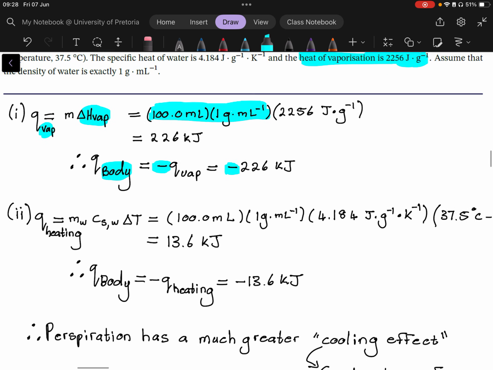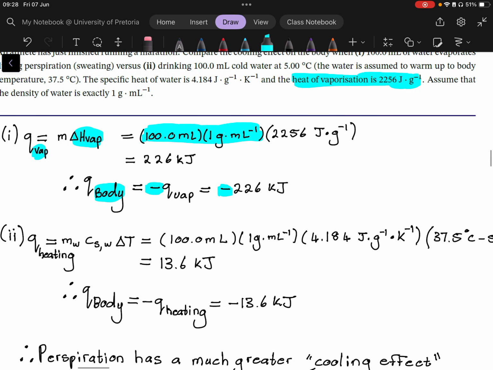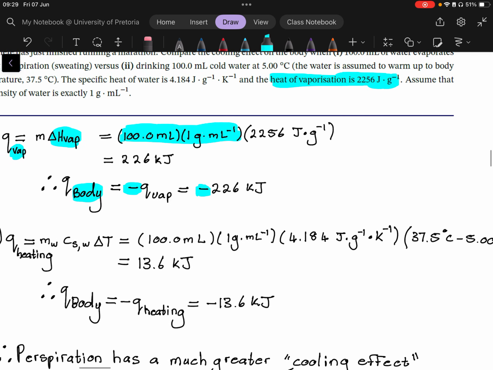The second one is heating. In the second case, we heat 100 milliliters of water, which is 100 grams, from 5 degrees Celsius to 37.5 degrees Celsius. We use the specific heat capacity to determine how much energy it requires to heat that much water from 5 to 37.5 degrees Celsius.